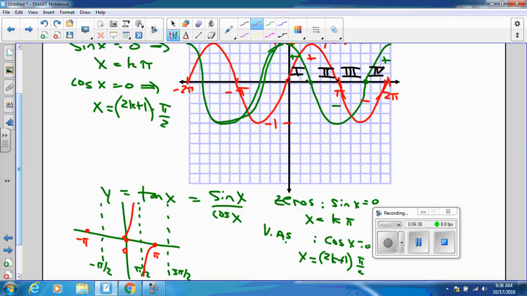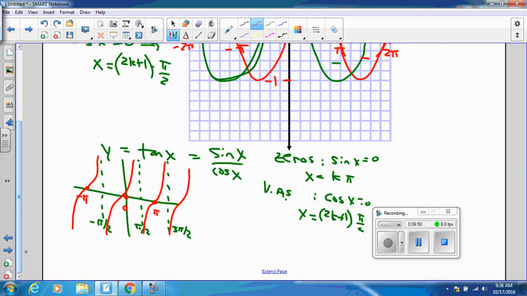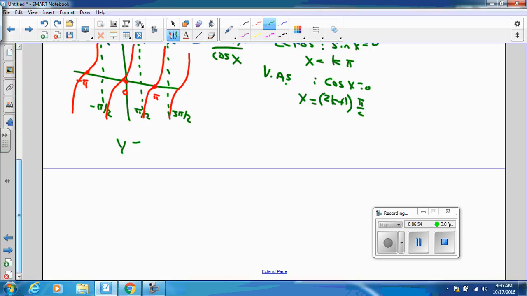And then in quadrant 3, both sine and cosine are negative, so that tangent will be positive. And so my graph must look like this. See? Easy logic. What about cotangent x? Same story, but upside down.